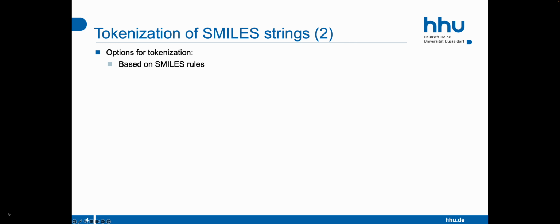The final option for tokenizing SMILE strings that we are looking at is using common sense and the SMILES specification rules that we have seen in a previous video. We will have a short look at how this can look like.